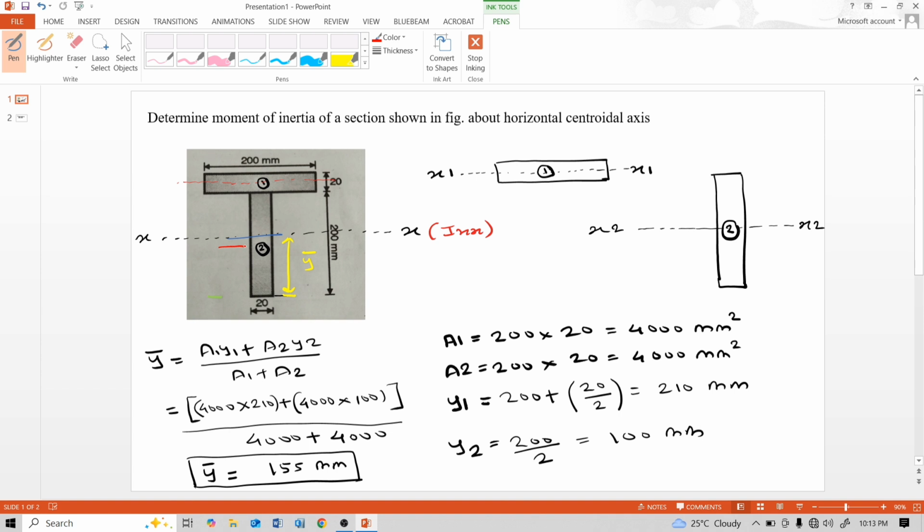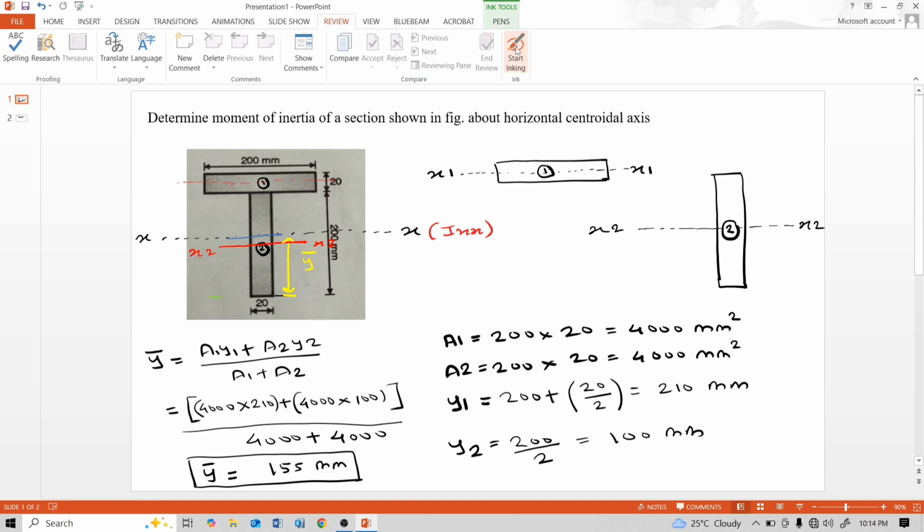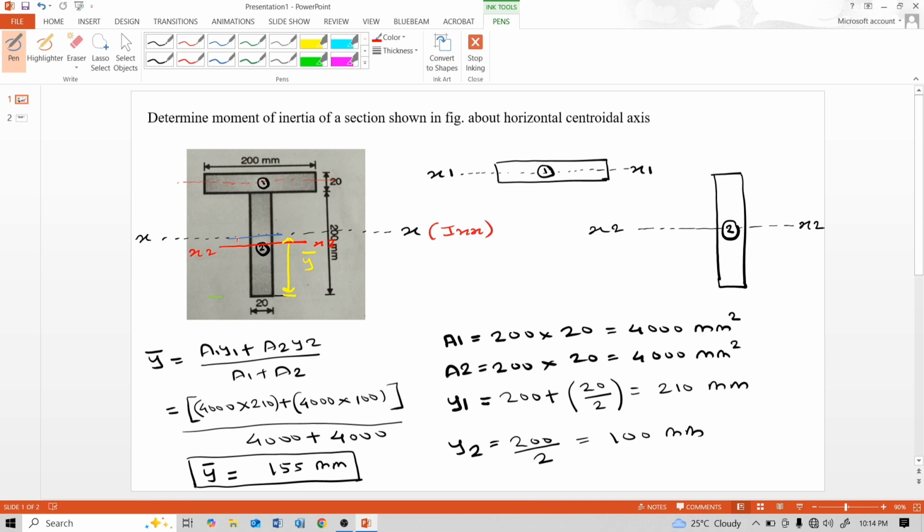The distance between the x2 axis and the x axis is y bar minus y2, which we require for the parallel axis theorem.